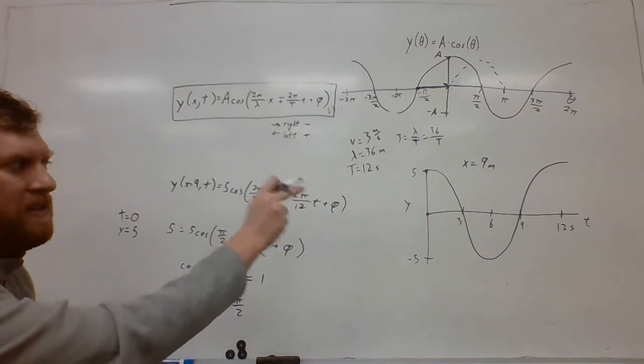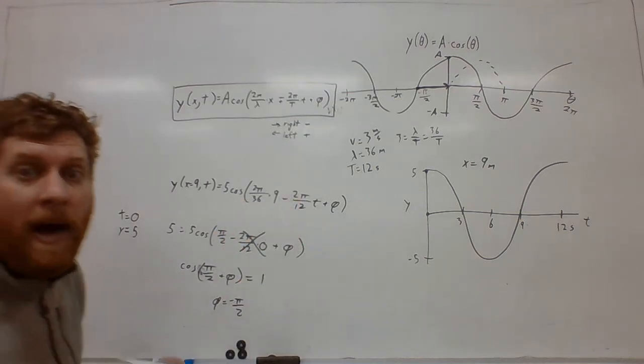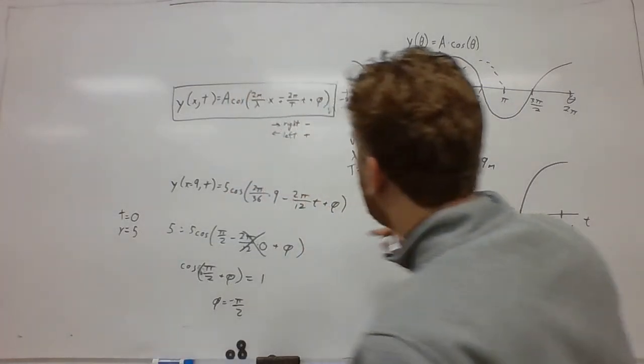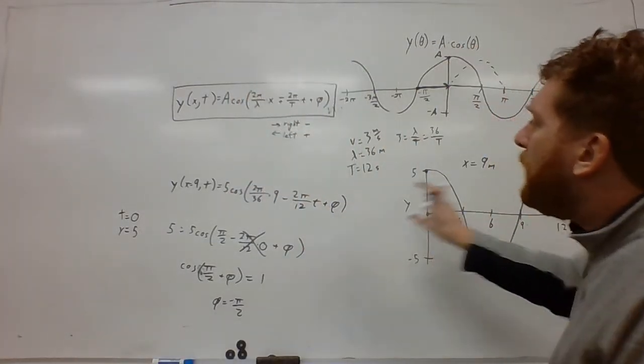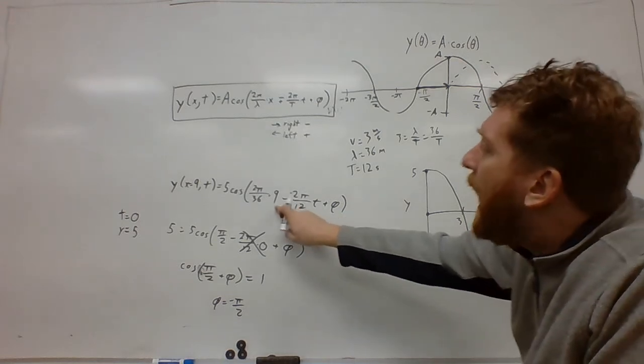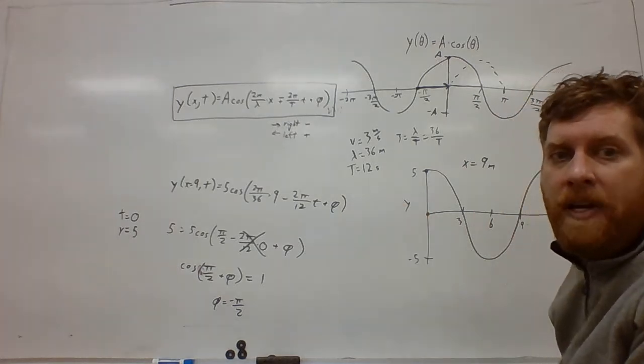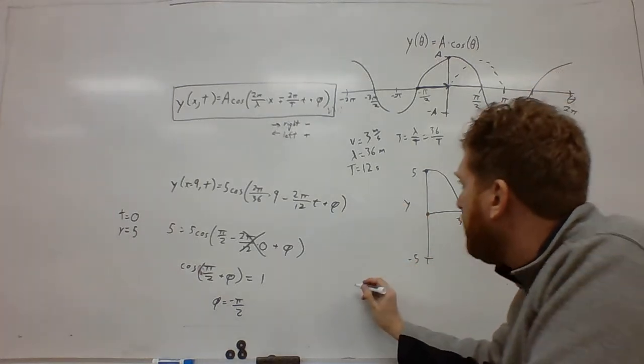Now I just told you the phase constant is equal to 0 for that graph. Let's figure out y right now, because we need to still write out this equation. So my total equation to describe this graph is right here, and I'm going to plug in the phase constant. I already have a constant over here, so hopefully this will cancel out with that, and therefore the total phase constant for this graph will be 0.